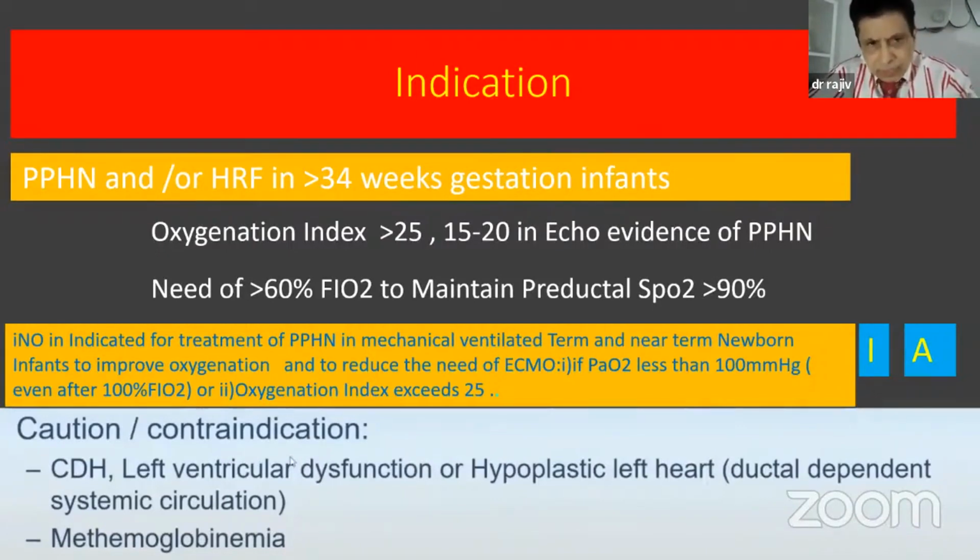But if you have echo evidence of PPHN, please start your treatment at an oxygenation index of 15 and try to maintain FiO2 around 60%, because beyond that, the chance of free radical attack of the lung and the spiraling of the whole disease process can occur. So our target is to keep the FiO2 between 70 and 60% all the time, ideally below 60%. Next slide.